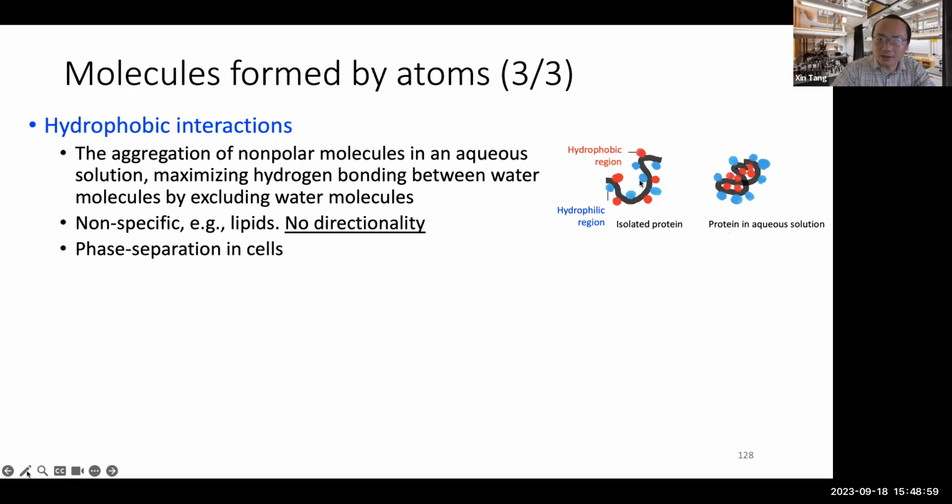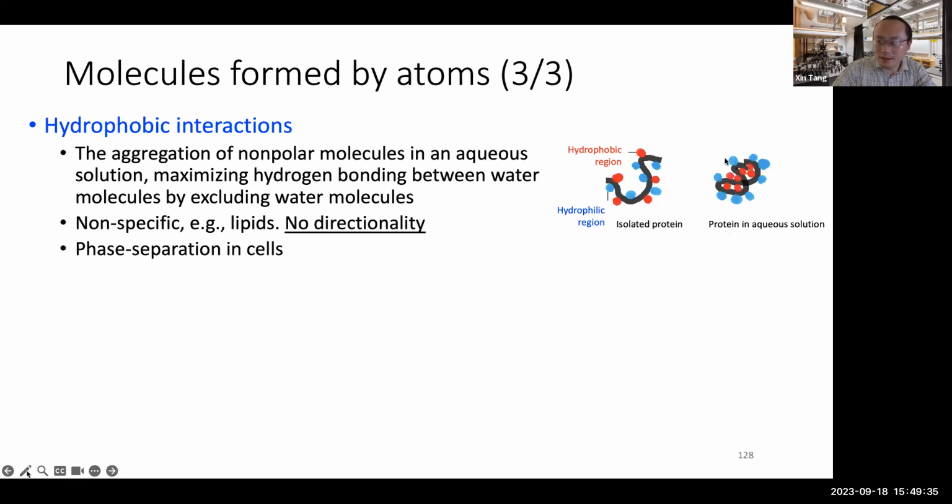And in the liquid, if we have a larger macromolecule that contains a hydrophobic region and a hydrophilic region, then to minimize the free energy, they can self-assemble. Hydrophobic parts get aggregated together, and they tend to stay inside of the macromolecule to let the outside region be occupied by the hydrophilic region. Okay, so eventually they will form this kind of shape in the water solution.